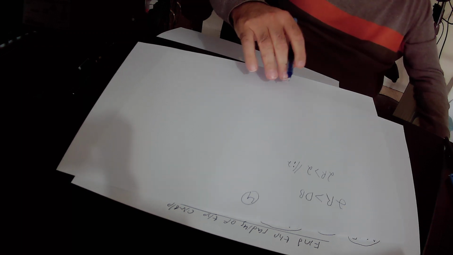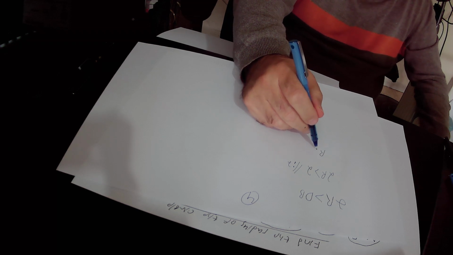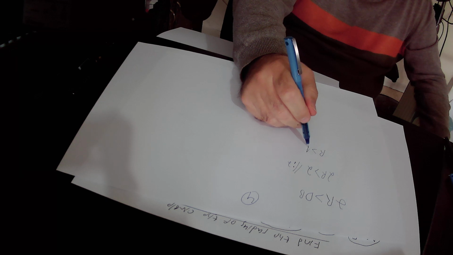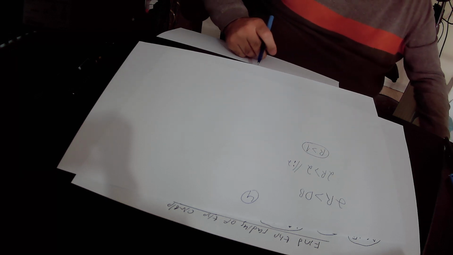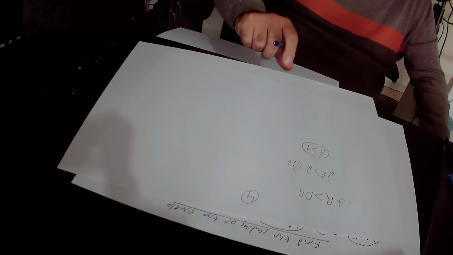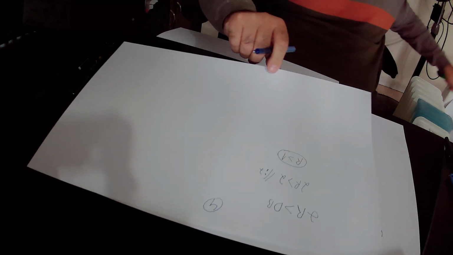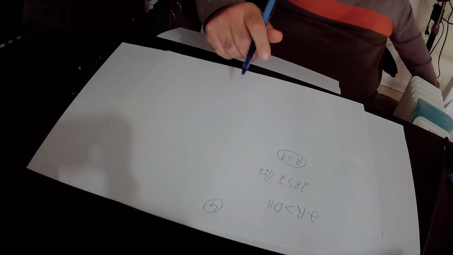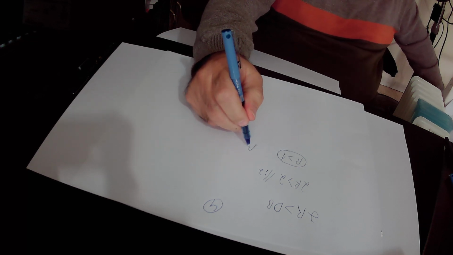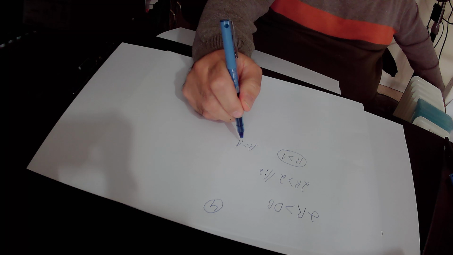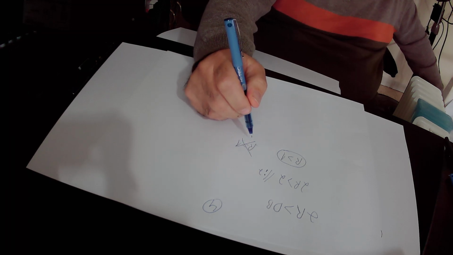and we get that R is greater than 1. So R is greater than 1, and because of that, the possibility that R equals 1 unit is not correct, because R must be greater than 1.